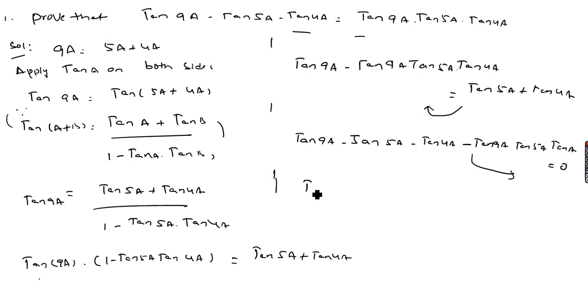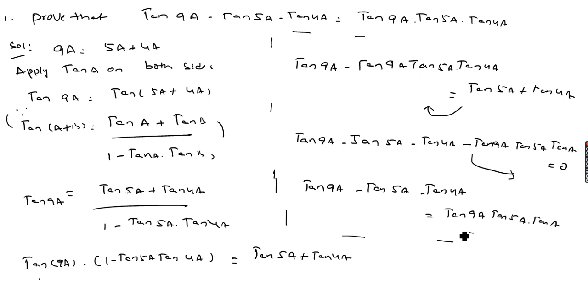So we get that tan 9a minus tan 5a minus tan 4a is equal to tan of 9a into tan of 5a into tan of 4a. So finally we solve this problem.